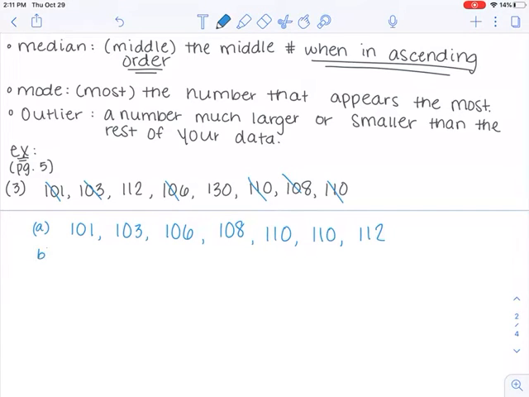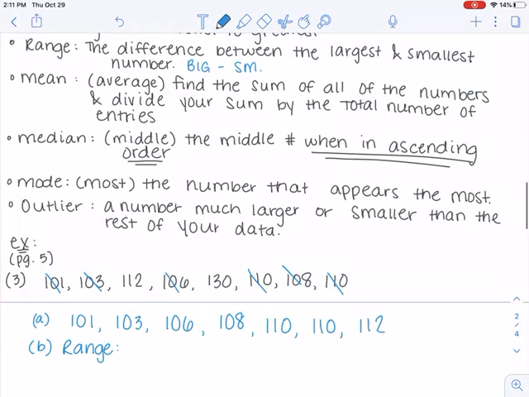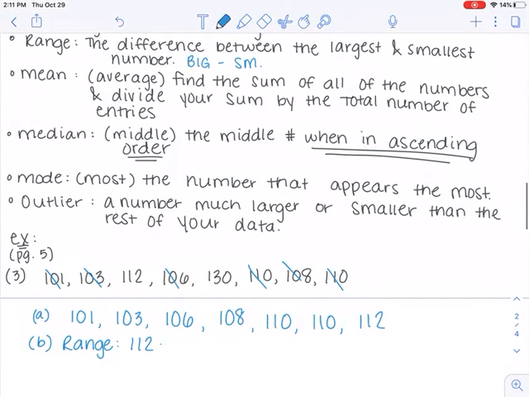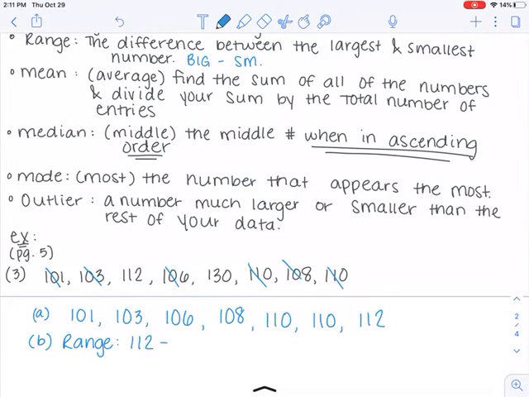So letter B asks for the range. Again, the range is when we take the difference between the largest and the smallest number. So in our list of numbers, the biggest number is 112 and the smallest number is 101. I'm sorry, I forgot 130.